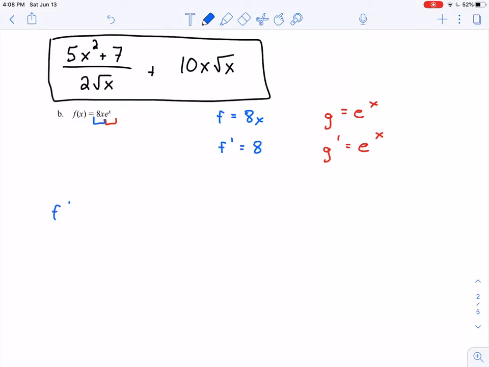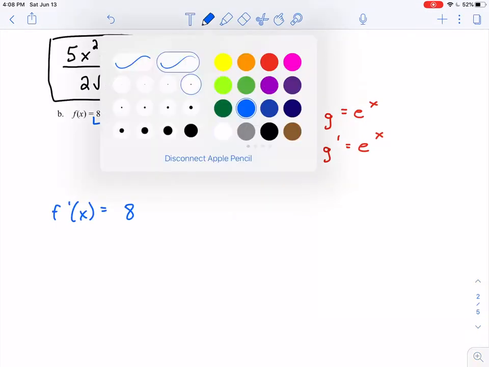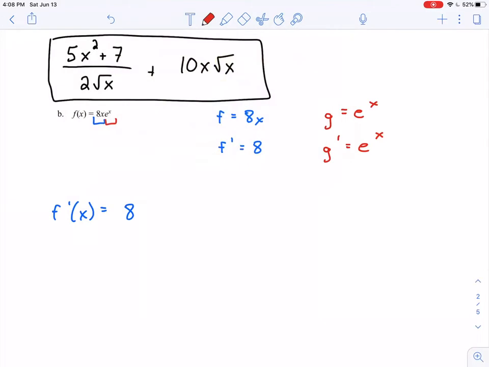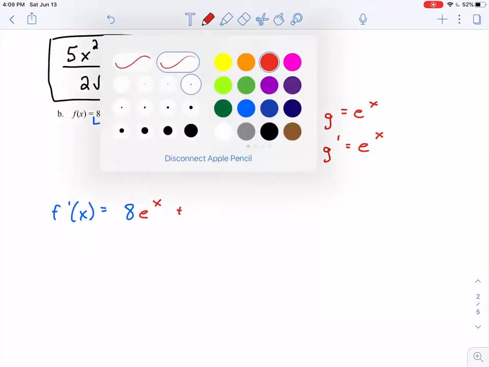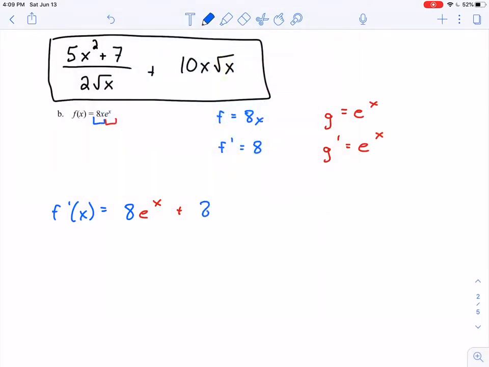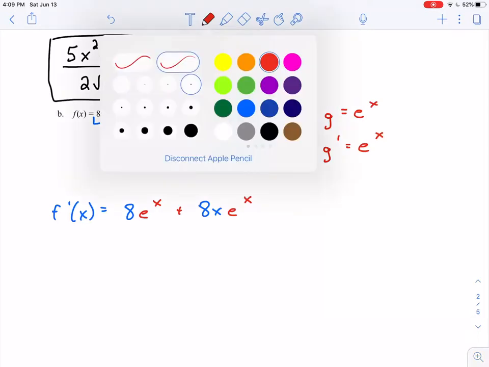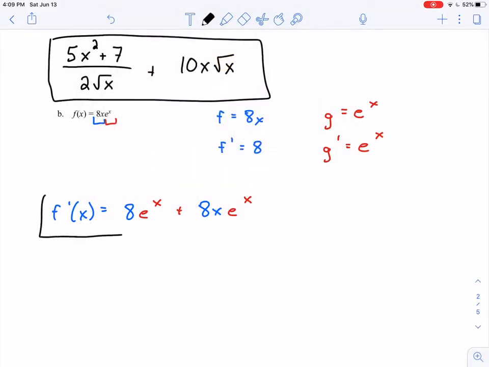Our derivative, f prime of x, is f prime, that's 8, times g, that's e to the x, plus f, well, that's 8x, times g prime. g prime, that's just e to the x. There's my derivative. So if you wanted to leave your answer like this, that's perfectly fine. I think that's a perfectly acceptable answer.